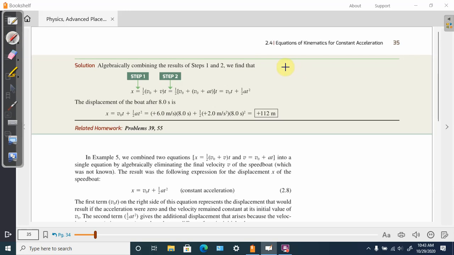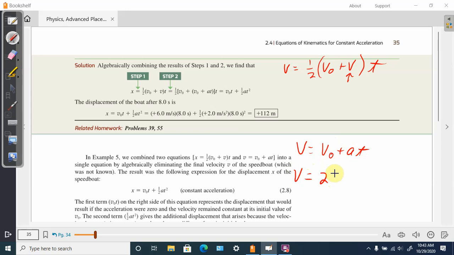I would say, all right, well, let's stick with the x equals 1/2 v sub 0 plus v times t formula. Except before you try and use this formula, we're going to find this v off here to the side using v equals v sub 0 plus at. So v is going to equal, our v sub 0 was 2 meters per second, right?